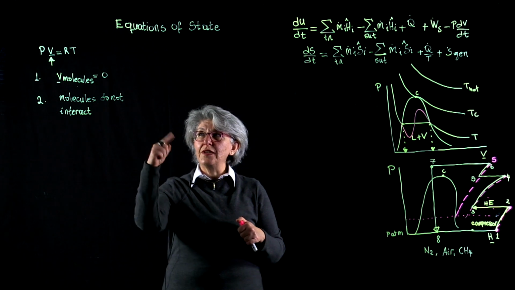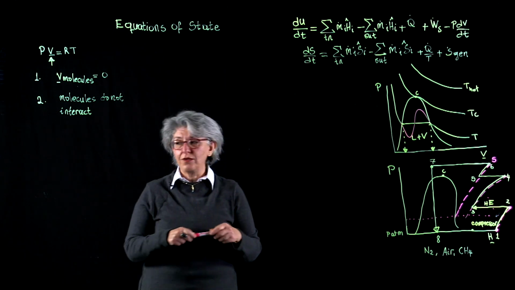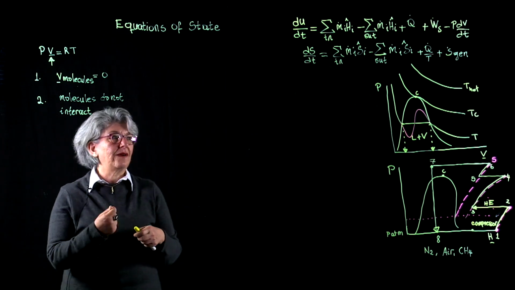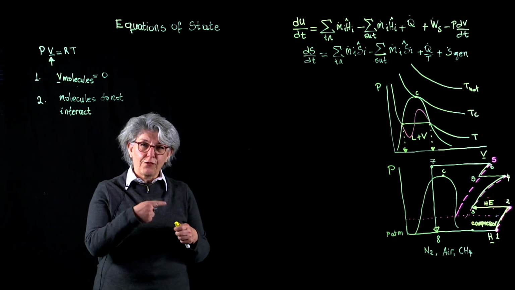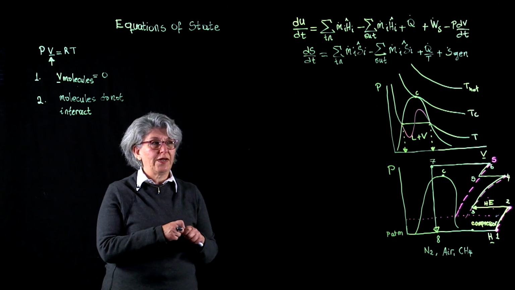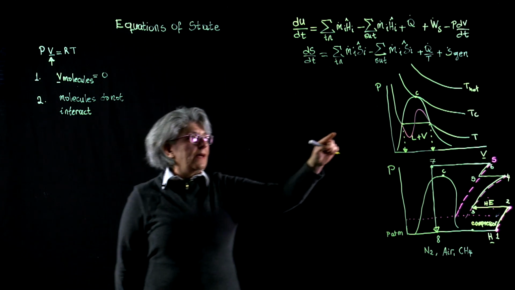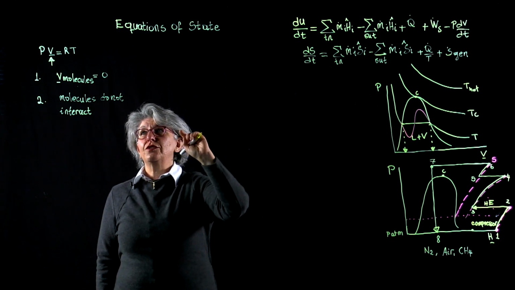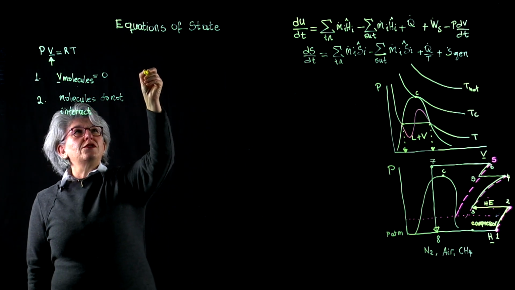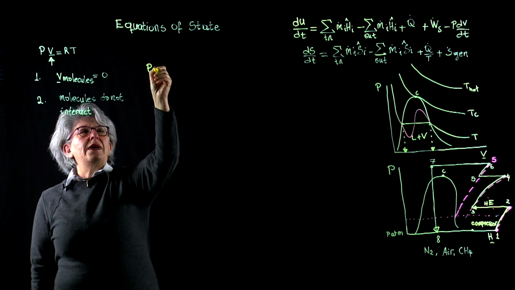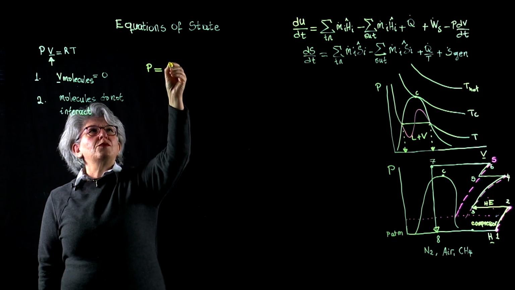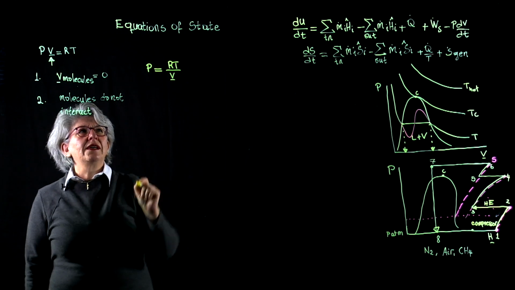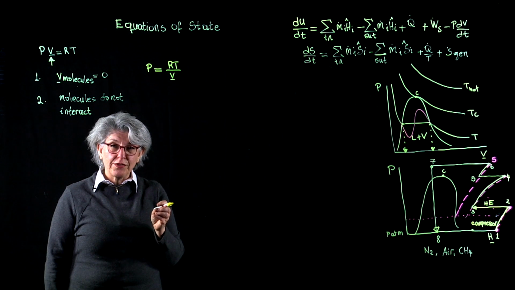Let's remove the assumptions of the ideal gas law. Let's find our cubic equation of state and then iterate on that cubic equation of state for further analysis of the real fluid behavior. Now I'm going to remove the volume of the molecules assumption first. So here my pressure expressed in terms of RT over V represents volume of the voids.